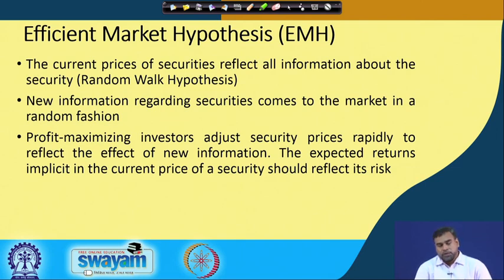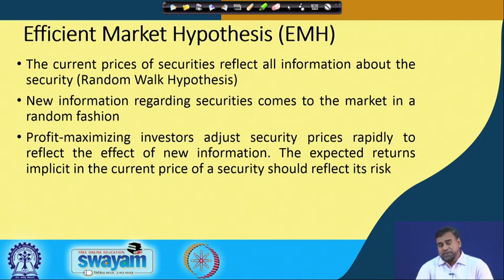So, if the market prices follow a random walk, in the sense that all the news and information come to the market randomly, then not a single group of people is going to get a very high return while some other group loses in the market. That should not happen in the true sense.